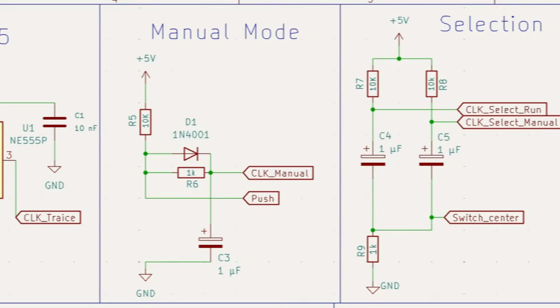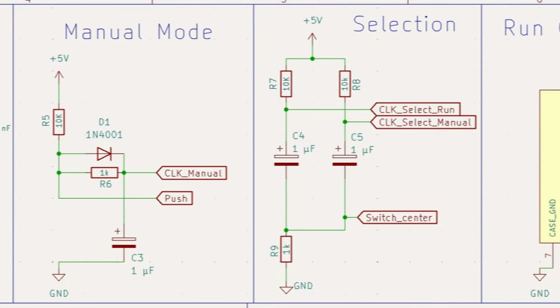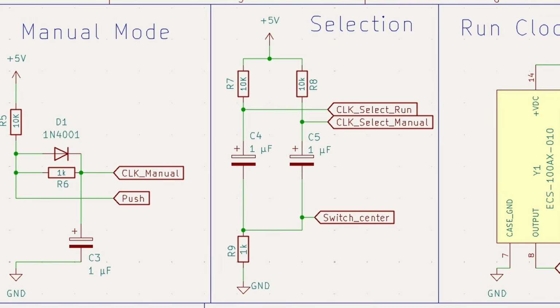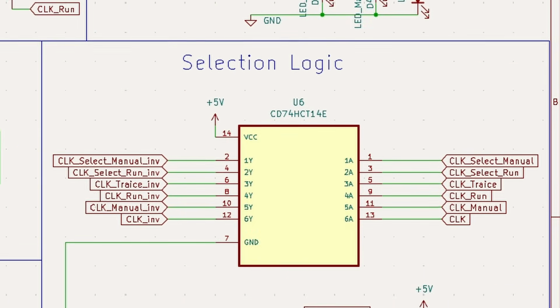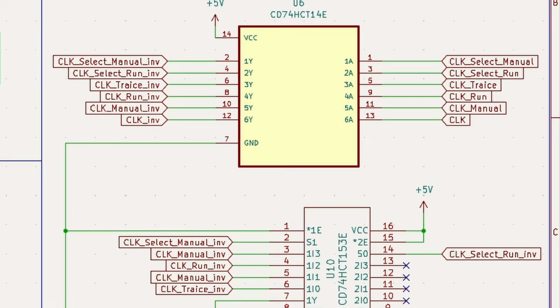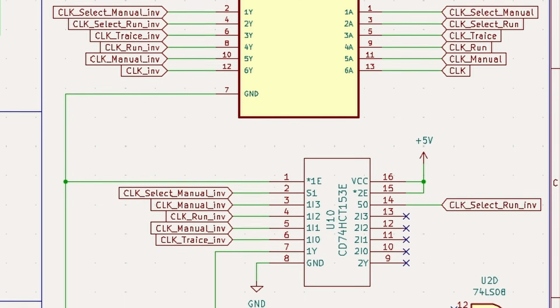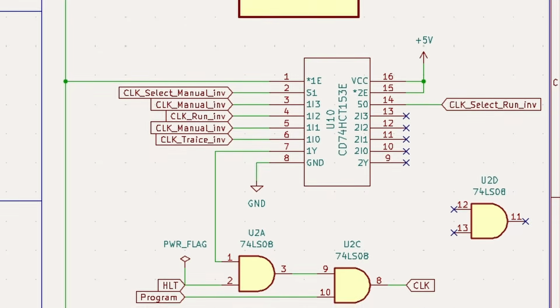Instead of one giant circuit, I could divide the design into smaller blocks, like the trace clock, manual clock, run clock, the selection logic, and the power circuitry. Each block became much easier to understand on its own rather than interpreting the whole circuit at once.